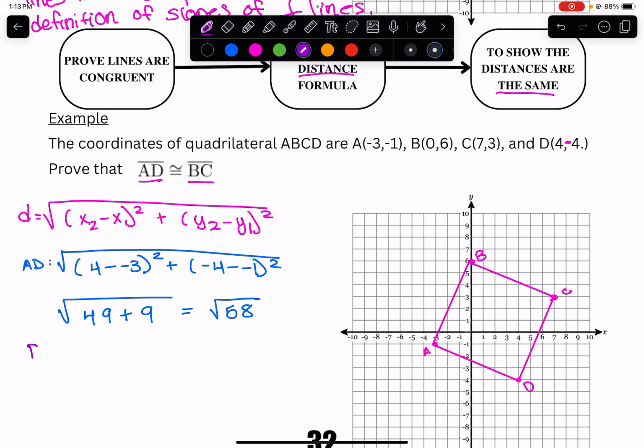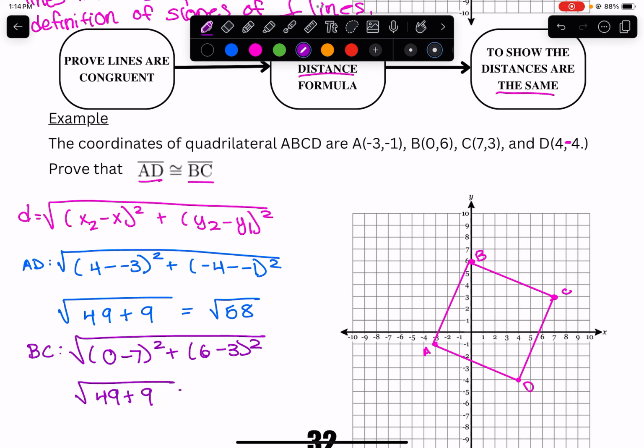And now we're going to do the same thing for BC. So we're doing the x's first. 0 minus 7 squared plus 6 minus 3 squared, which gives me 49 plus 9, which is the square root of 58.